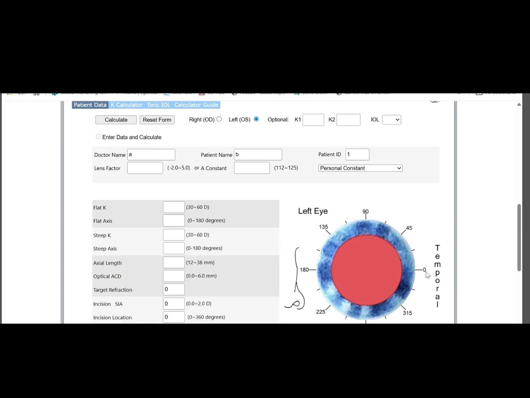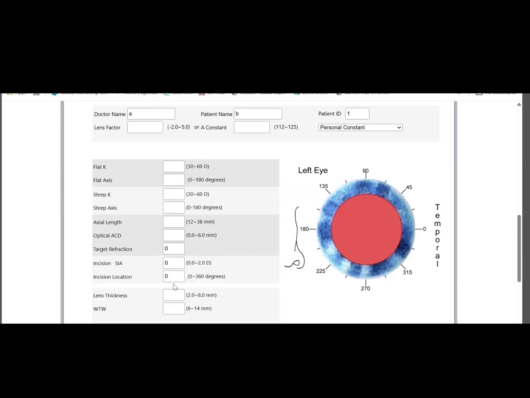If you are a doctor already and you are planning to implant the toric, you have to decide whether you are going to have the incision at 90 or at the 0 degree. So if it's a left eye, and let us assume that you are going to put the incision at 0 degree, then you have to put the incision location over here at 0 degree.